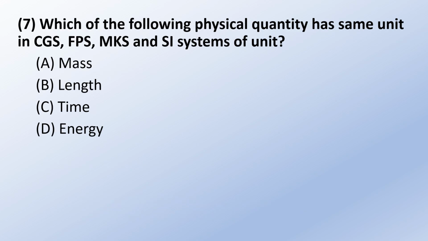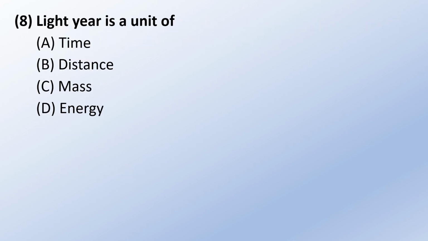That is, Y is equal to pressure. 7. Which of the following physical quantity has same unit in CGS, FPS, MKS and SI systems of unit? A. Mass. B. Length. C. Time. D. Energy. Answer: C.